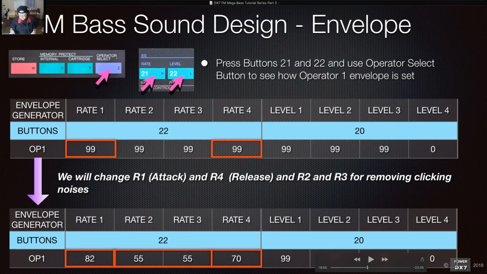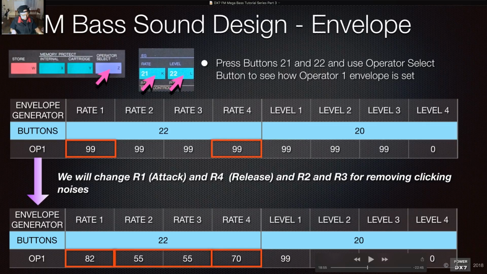Sorry, we have to press button 21. We don't need to make changes on that level. So just press button 21 and look at operator 1. Make sure you select operator 1, and we're going to make changes.